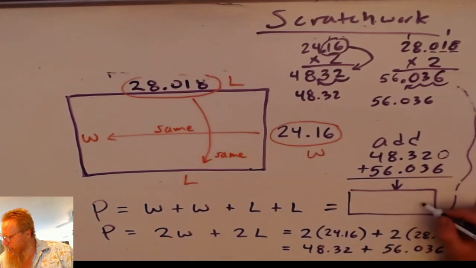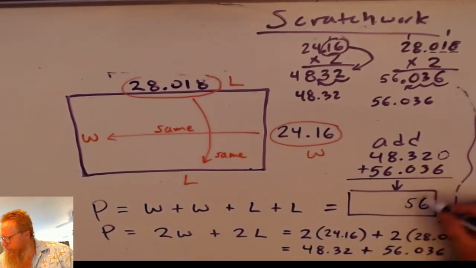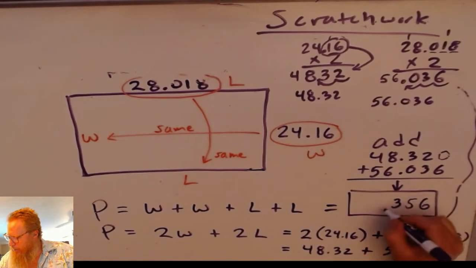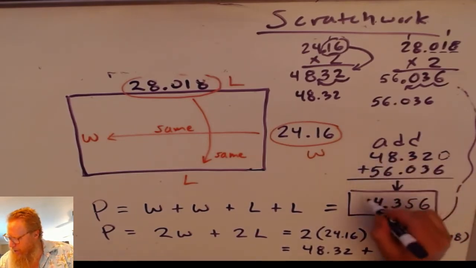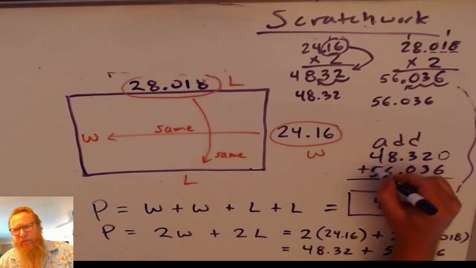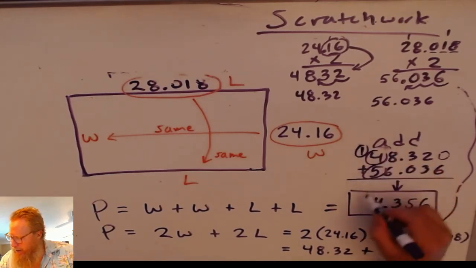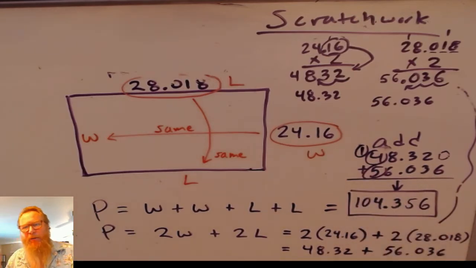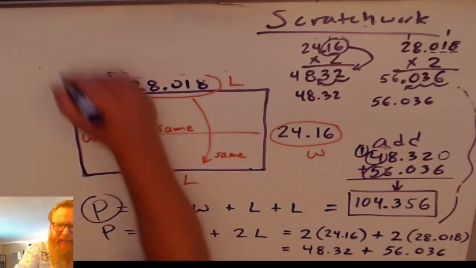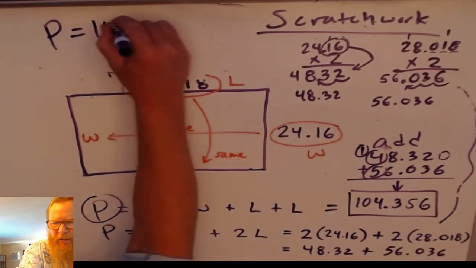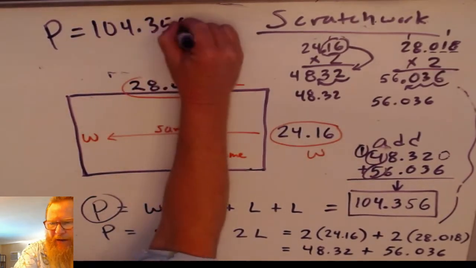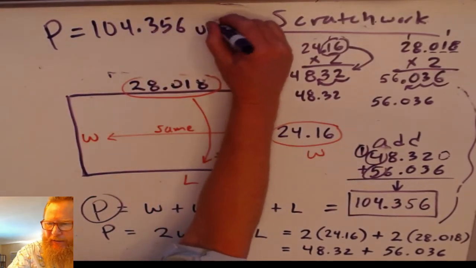Okay, add them up. 6, 5, 3, bring the decimal down. 8 and 6 is 14. Carry the 1. 1, 4, that's a 1. 1, 4, and 5 is 10. And so the perimeter P is equal to 104.356 units.